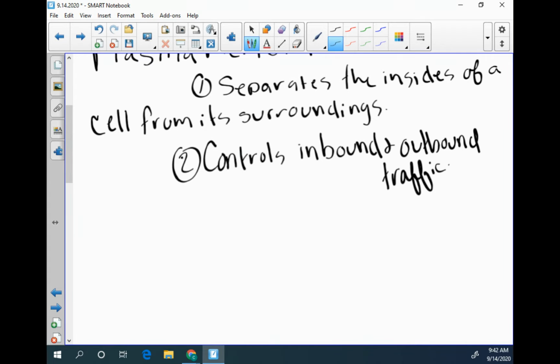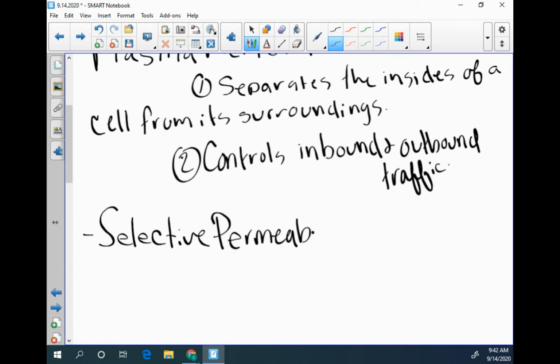Okay, so this allows the concept of selective permeability. Selective permeability essentially means that the cell allows some substances to cross more easily than others.